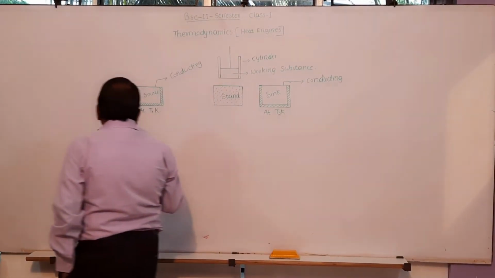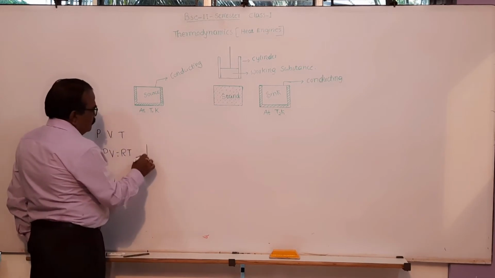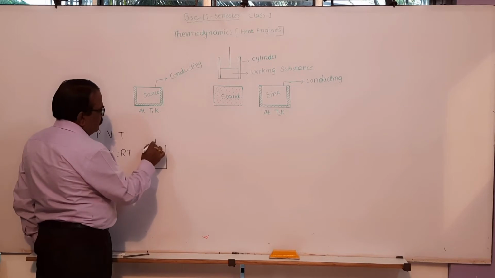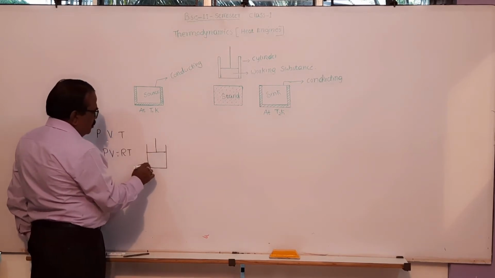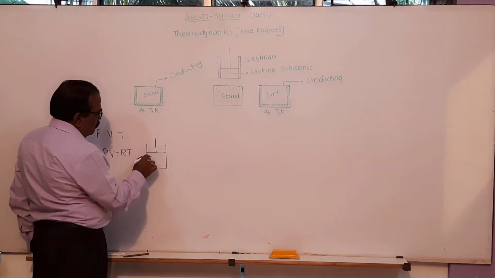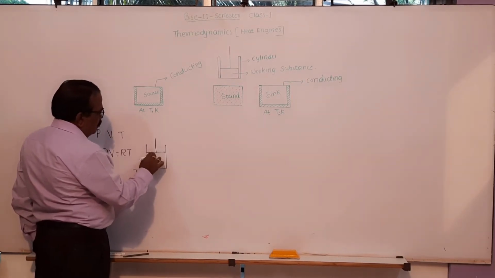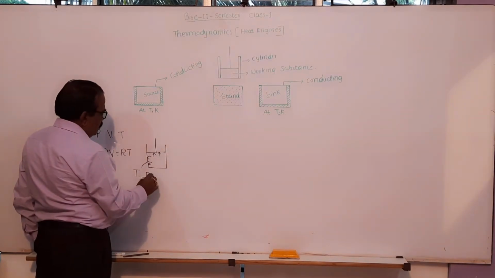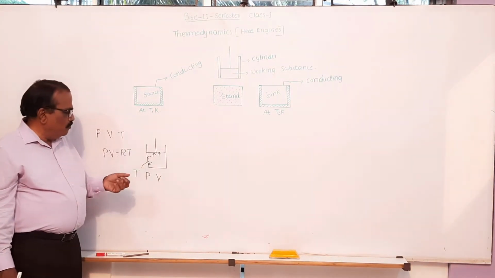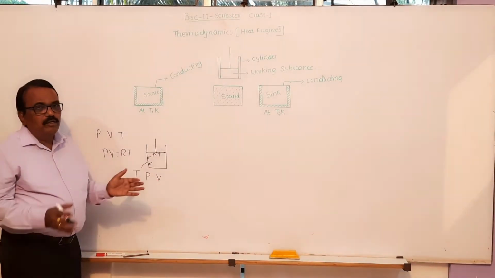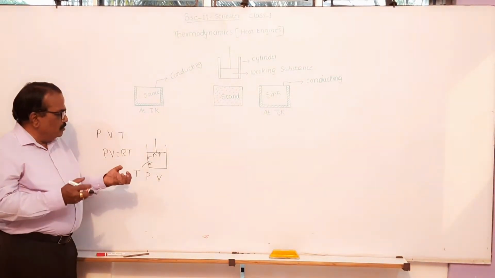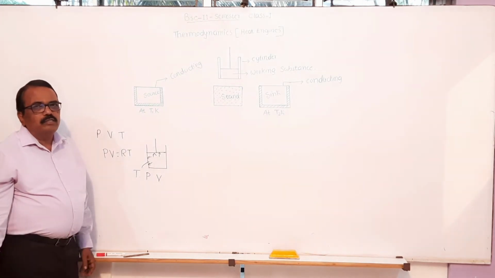See, consider a certain gas present inside the cylinder. Its temperature is T, pressure on the surface of the wall is P, and volume is V. If the temperature of this gas goes on increasing, then expansion of the gas takes place.